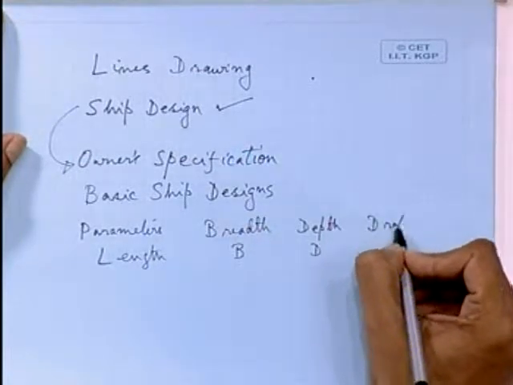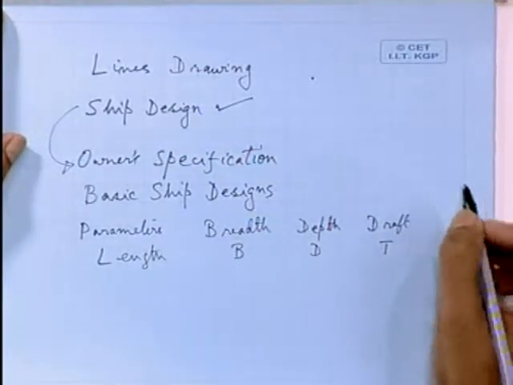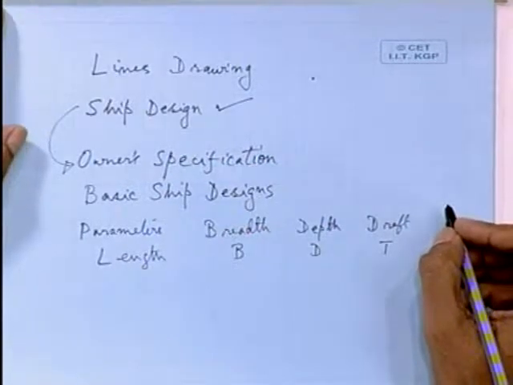Now, besides this you have another most important parameter, that is the horsepower of the ship or the speed. So you will find another parameter which is the engine horsepower.